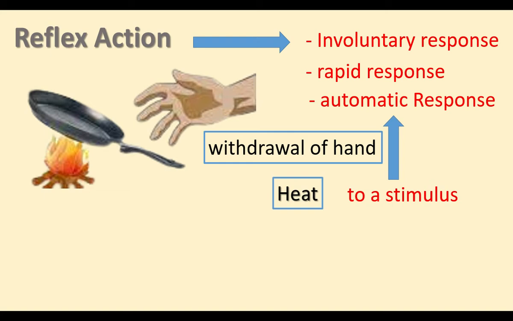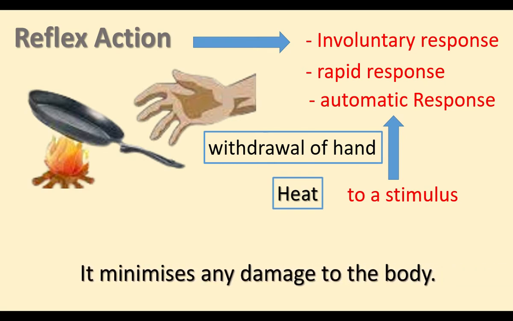This response is a quick, automatic response. It is an involuntary response. It is not due to our thinking, so it is an involuntary response. The reflex action minimizes any damage to the body.